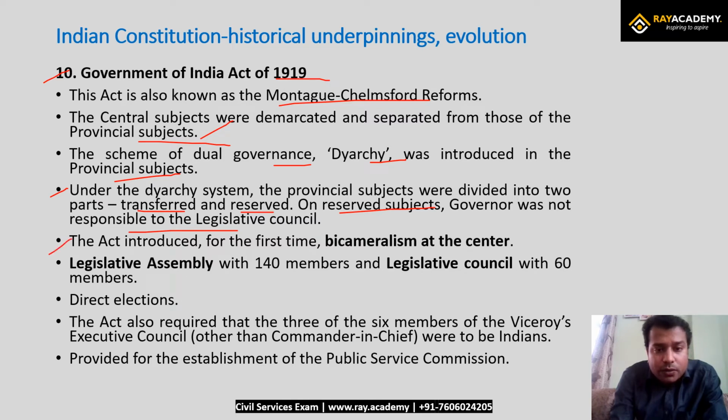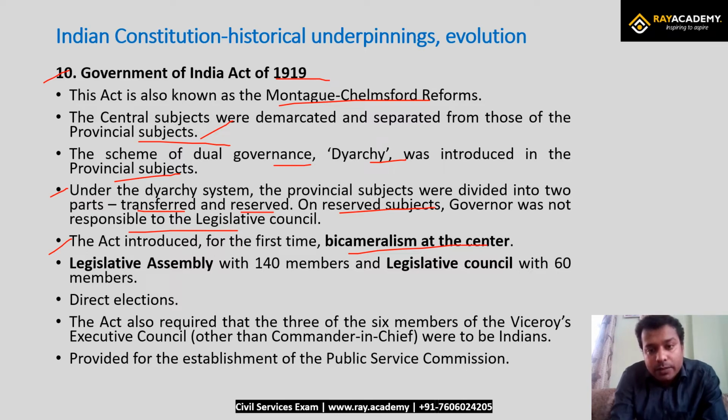The act introduced for the first time bicameralism at the center. What do you mean by bicameralism? It is divided into two bodies. For example, today when we talk about the parliamentary system, we have Lok Sabha and Rajya Sabha. So that is called bicameralism. So is the case at the state, where we have the assembly, and some states also have the council.